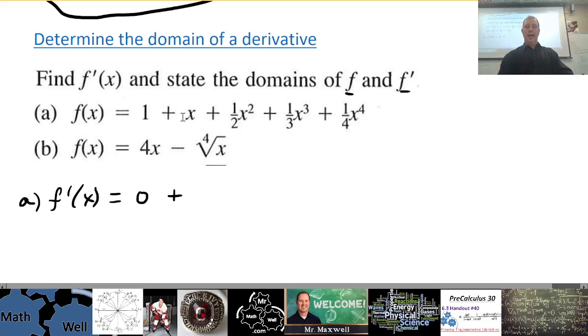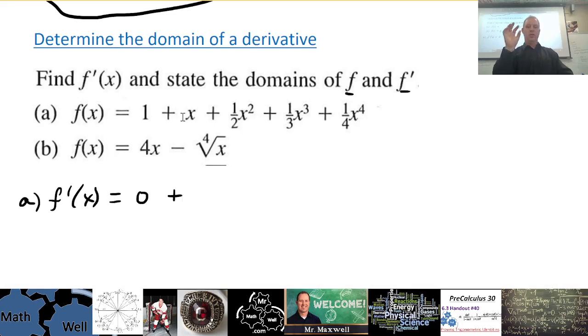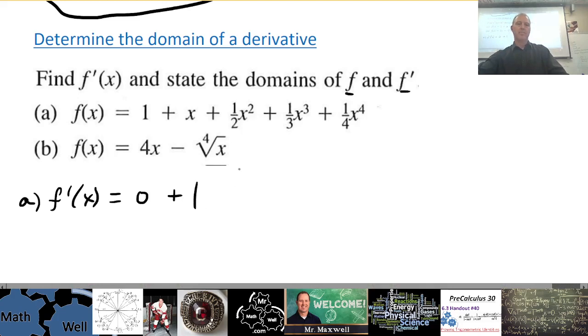So remember, any x term, the derivative is always its coefficient. If it's just x to the 1, the derivative is the coefficient. So this is just derivative of x is 1. Very good. This one here is going to be 2 times a half, which is 1, x to the power of 1. So the derivative of 1/2 x squared is x.